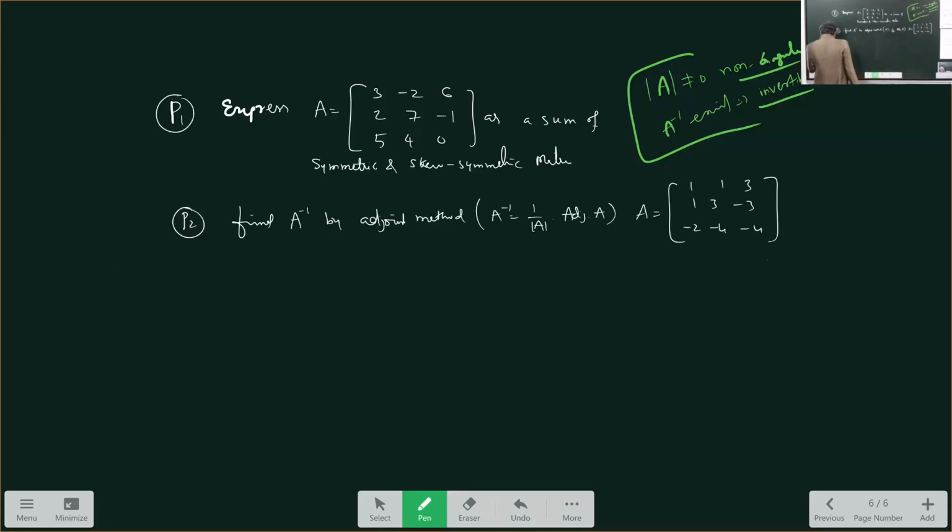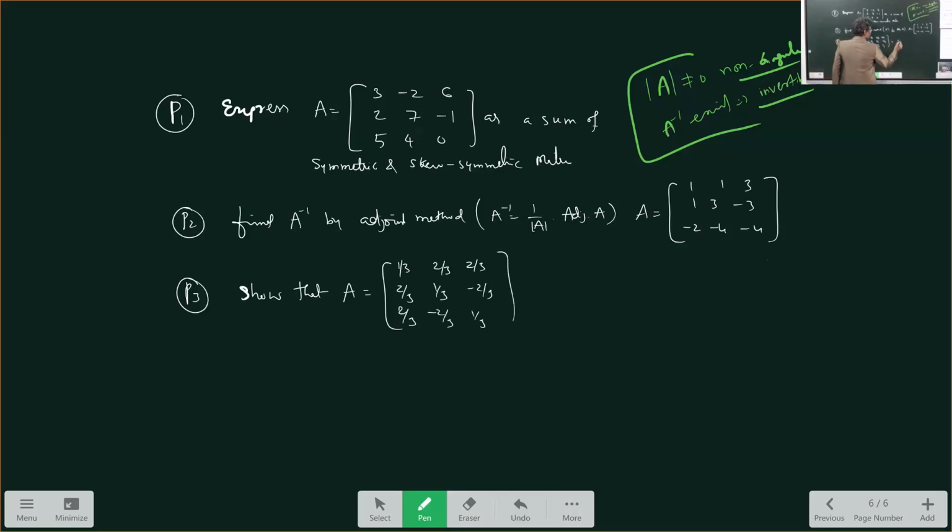Okay, next. The P3, show that the matrix A is 1 by 3, 2 by 3, 2 by 3, and 2 by 3, 1 by 3, minus 2 by 3, 2 by 3, minus 2 by 3, and 1 by 3 is an orthogonal matrix.